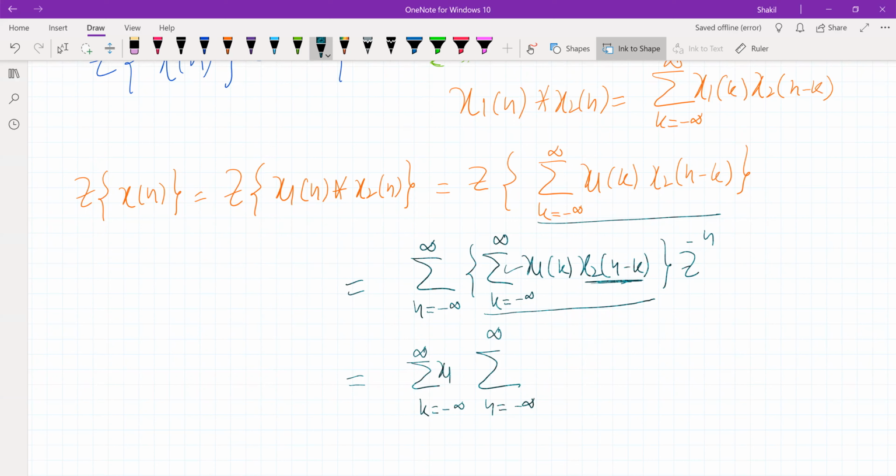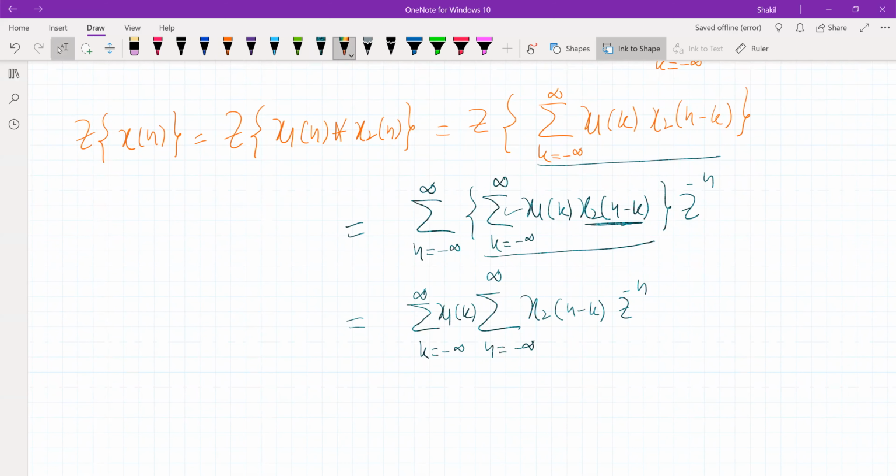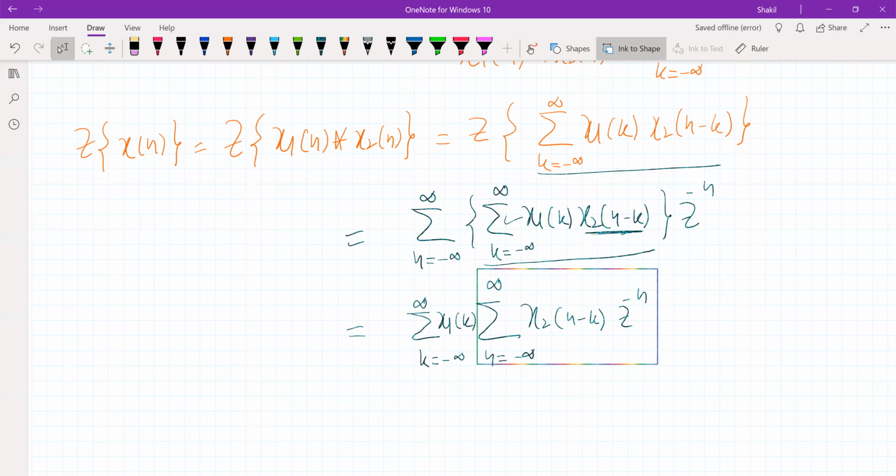And I can take x1 of k outside with its sum, because the inner sum is independent of k, so it will be x2 of n minus k, z raised to minus n. Now what is this part of the formula? Can you check it? This is simply the shifting property of z transform.